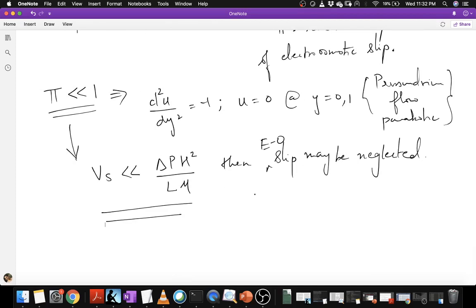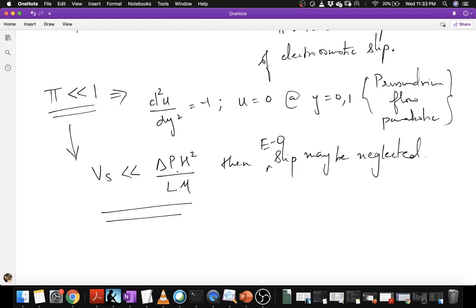So this is the condition that we have obtained purely from scaling. It's possible that if you had solved the full problem and then varied delta P and varied Vs and so on and compared these solutions, you could have arrived at some condition. But even then, the dependencies on L, mu and h squared would require you to do separate calculations by varying delta P, then varying h, then varying L, then varying mu and so on. Whereas the scaling analysis has given us this relationship directly.